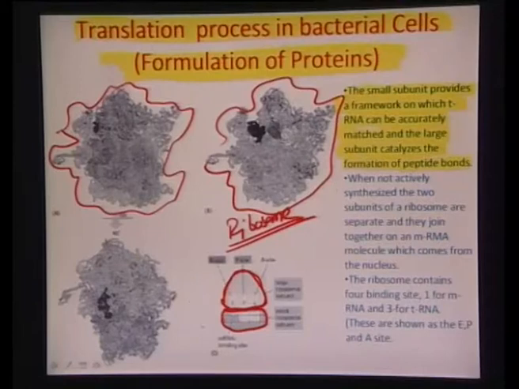Essentially these jaws have 3 different binding sites, represented by, let us say, E, P and A. These are pockets. It is not very clear in the diagram here, but these E, P, A sites are pockets on the upper portion of the ribosome.